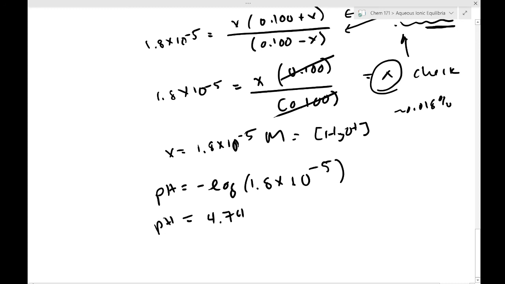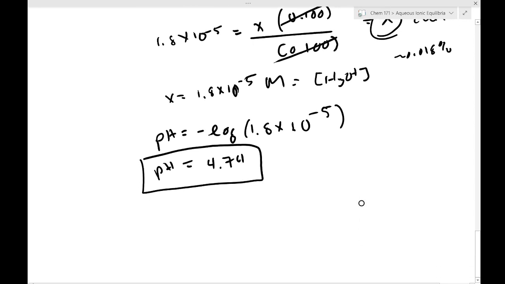Okay, so we have a pH of this buffer. And it turns out that this is the pH of the solution, okay, that you form between 0.1 molar acetic acid and 0.1 molar acetate. And this will stay at this pH even if you add some acid or base to the solution.